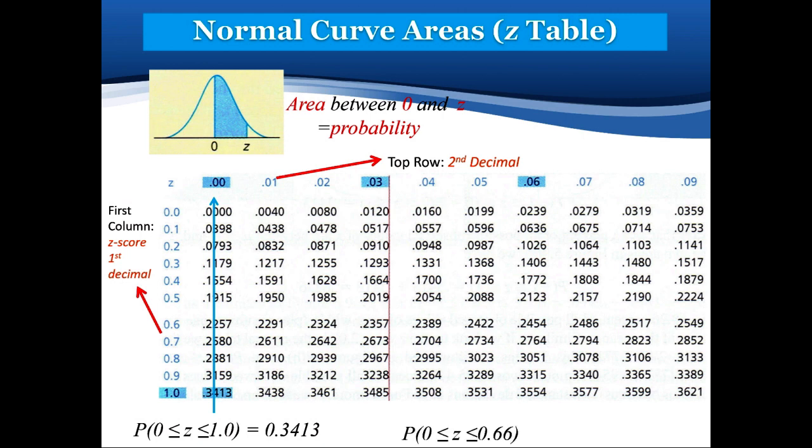Another example, probability between 0 and 0.66. The z-score is 0.66. So the column and row are like this. So the probability is 0.2454.